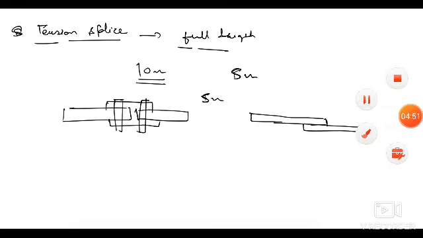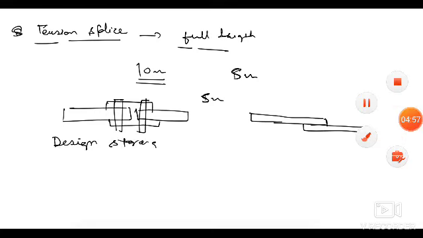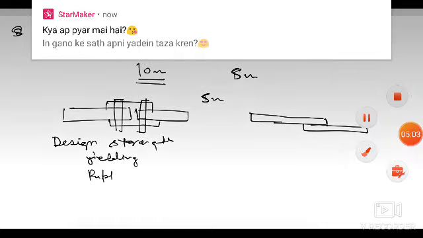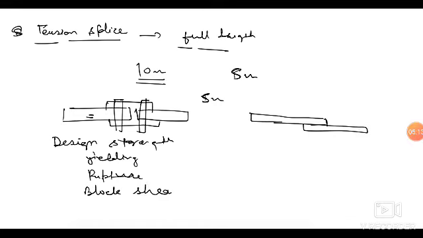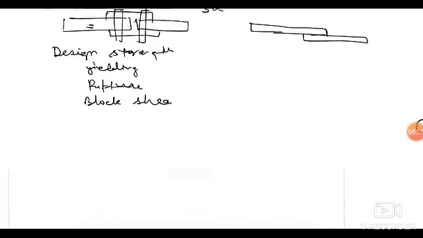So again you have to check for all the failure criteria and design strength. As we already discussed, we check yielding, we check rupture, and we check block shear. All the criteria that we studied earlier will be used for the tension splice also. So you should just know what a tension splice is, otherwise the design part is the same as what we have seen.